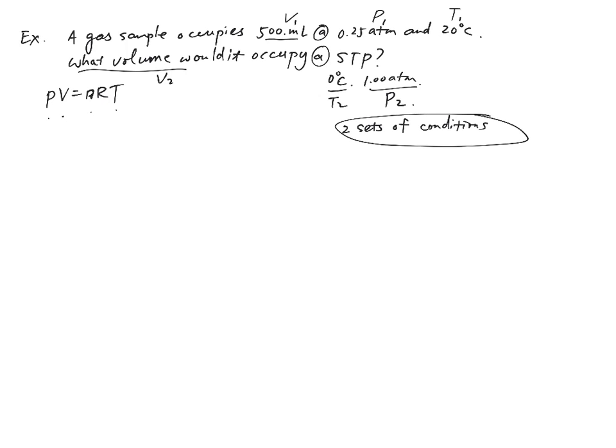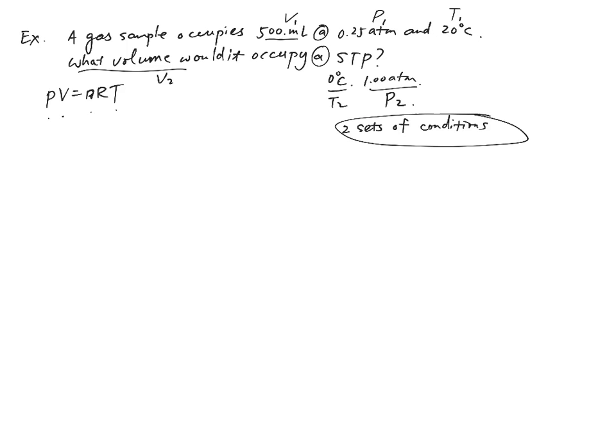Once you see, let's say in the final exam, a gas calculation problem, I need you to be able to quickly determine if this is a two sets of conditions problem or a one set of condition problem. One set of condition problems are the previous examples that we did: regular ideal gas law calculations, molecular weight calculations, density calculations. They all have one set of condition.